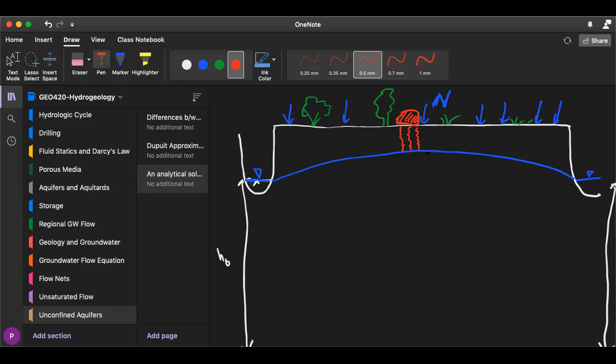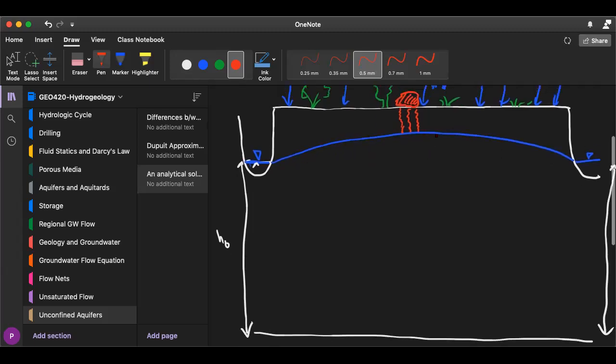And in particular, somewhere here, the way I've drawn the water table right now, and I just drew it, I have no math behind it, there's a water table divide right here. And what I mean by that is anything on this side of this divide will go down towards this river.